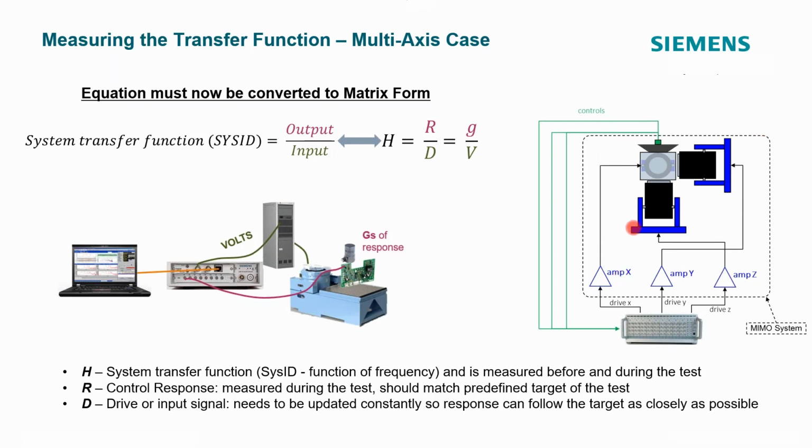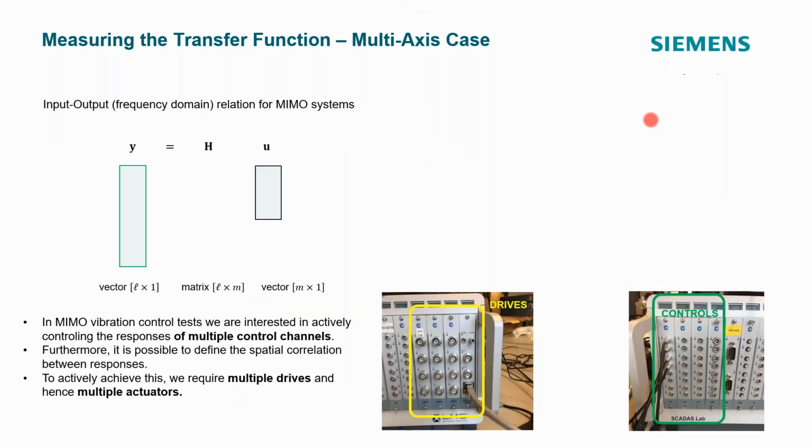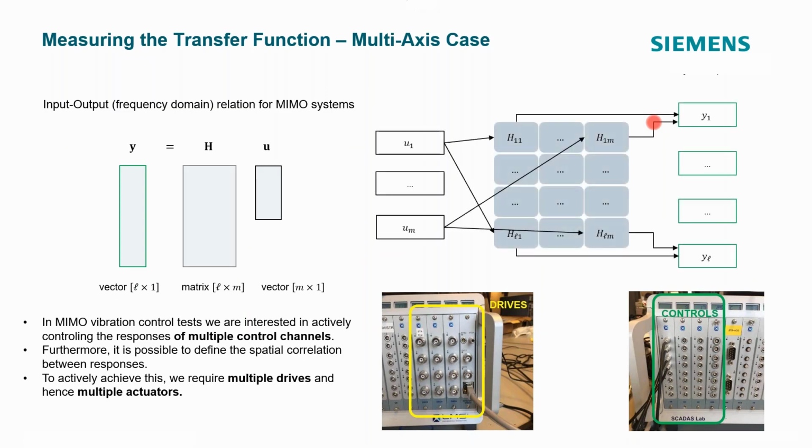This is a 3-DOF shaker setup. In this case, we've got X, Y, and Z shakers, and we have X, Y, and Z drive outputs. Then we have multiple control channels up on the shaker, and typically for this scenario you would have one control for each direction, so it would be a 3x3 transfer function matrix.